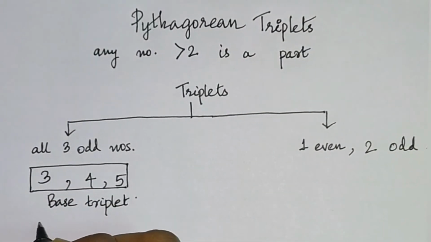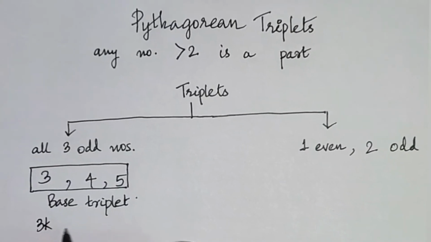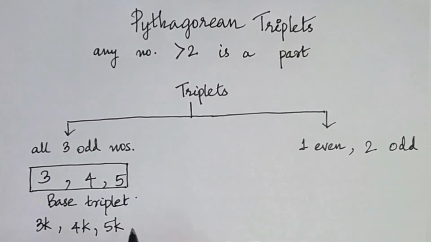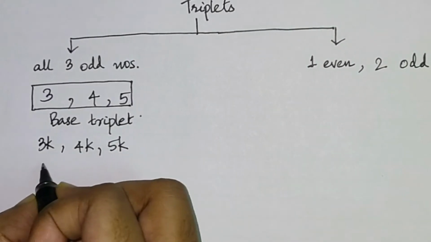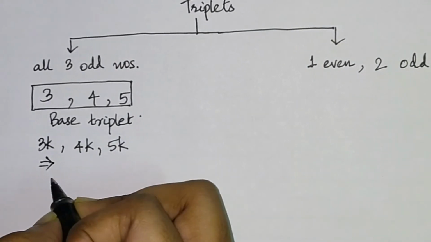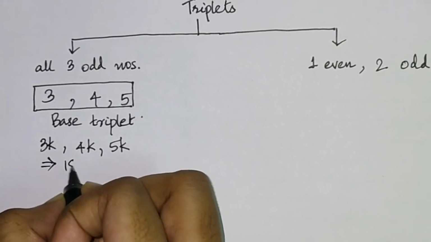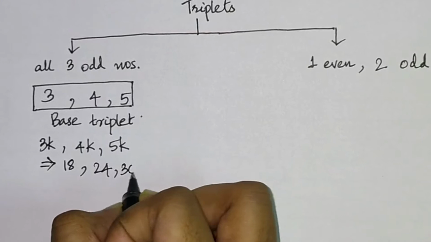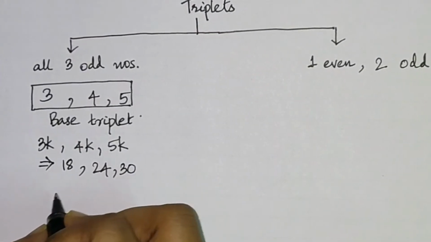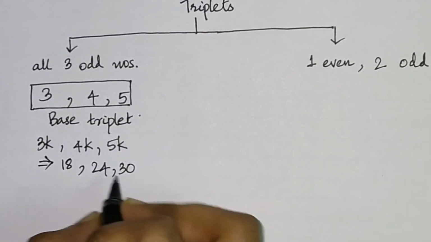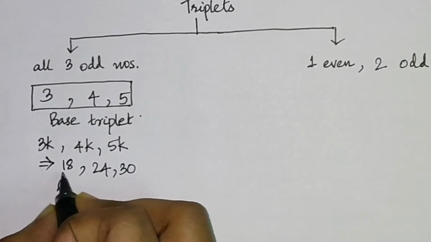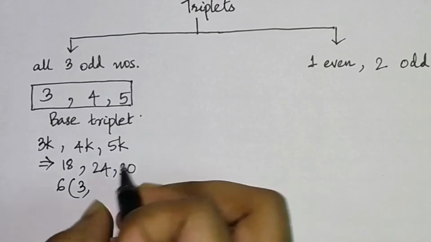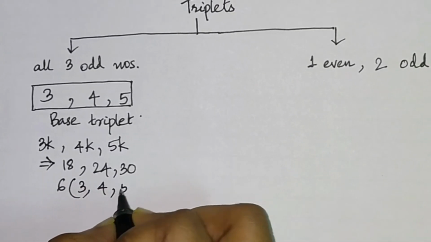What I mean is triplets of the form 3k, 4k, 5k. One example of this will be 18, 24, 30. If you take the highest common factor, that is 6, out of these three, you will see you are left with 3, 4 and 5.